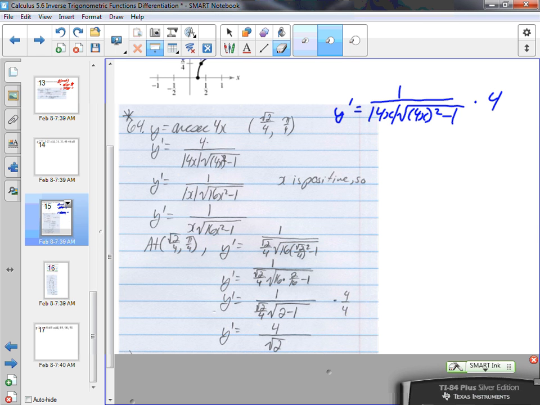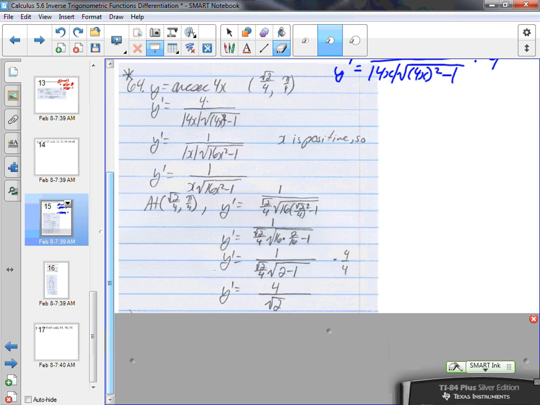That's the slope at that particular point. That's the slope of the tangent line at that particular point. You with me on getting the slope? Now get the equation of the line. Yes. Yeah, you can.